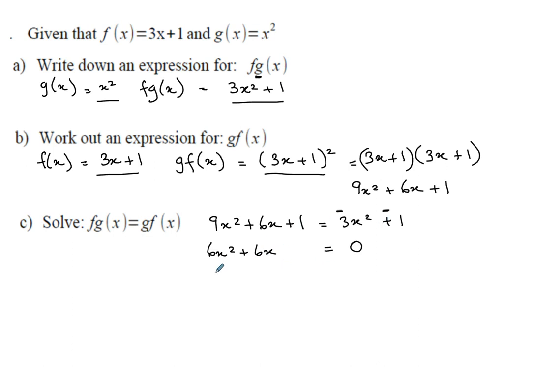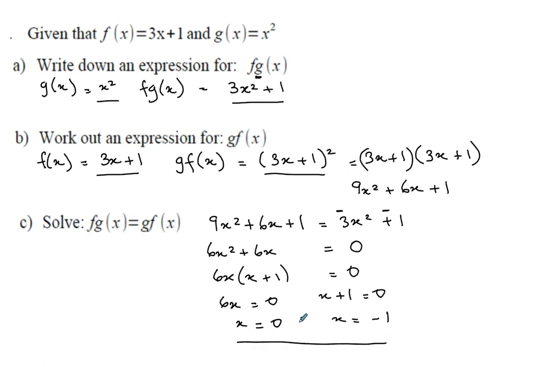Then you just factorize, so they've got 6x in common, and then you get 6x times x plus 1 equals 0. So that means either 6x equals 0, so x equals 0, or x plus 1 equals 0, so x would be minus 1. And that's your answer. Good, excellent.